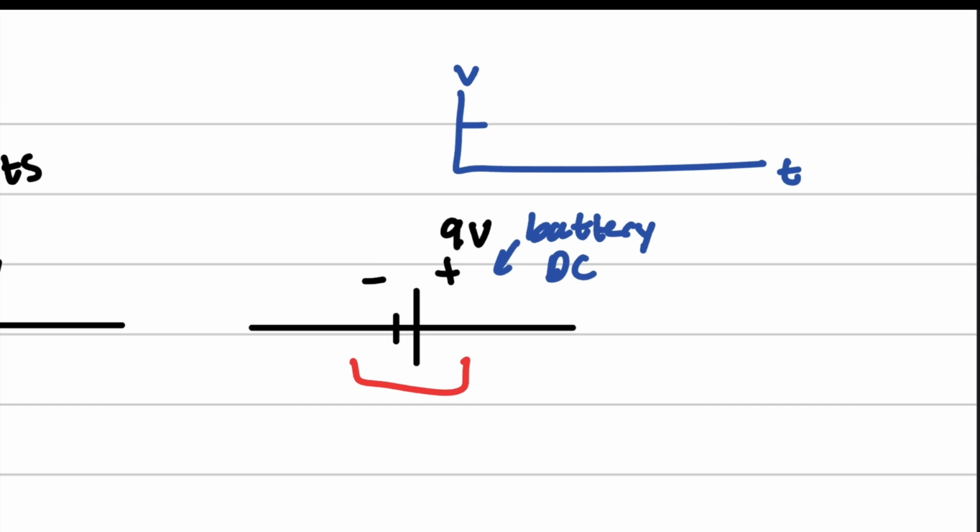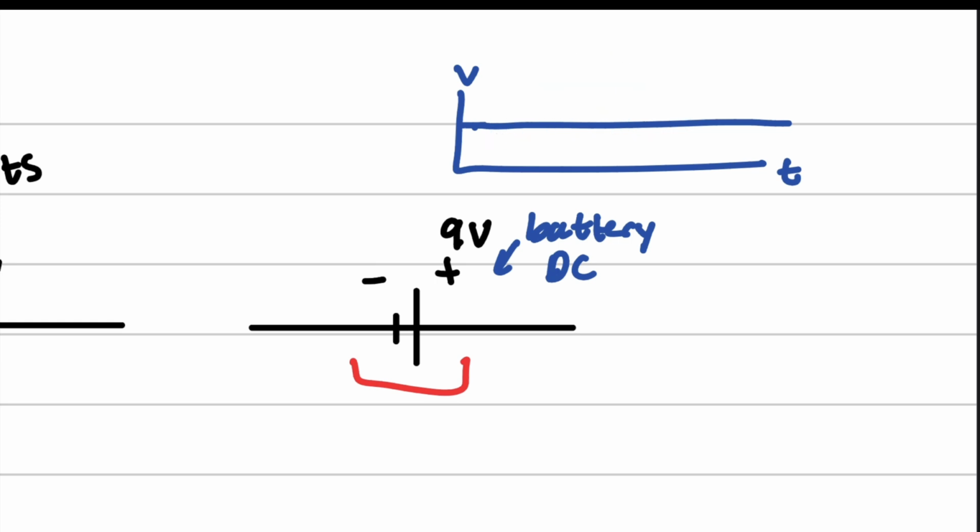This right here would represent an AC source, which we'll get into way later in this lesson series. But for right now, all we care about is DC, which is just a constant voltage.